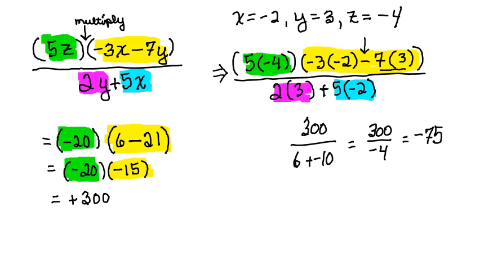So what we have is 5 times a negative 4 being multiplied to negative 3 times negative 2 minus 7 times the 3, all over 2 times the 3 plus 5 times negative 2.